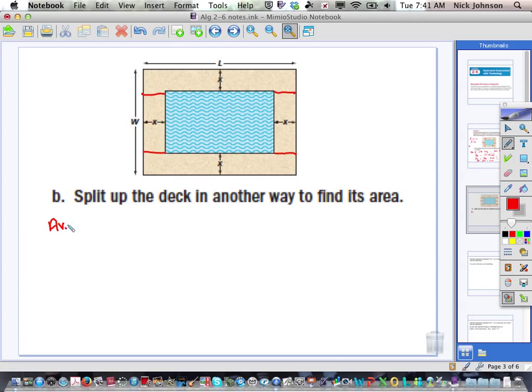Area of the whole minus area of the water. Area of the whole is length times width. Area of the water. Here, my whole thing is L. So I get L times the width.